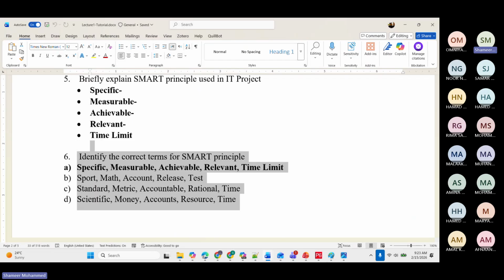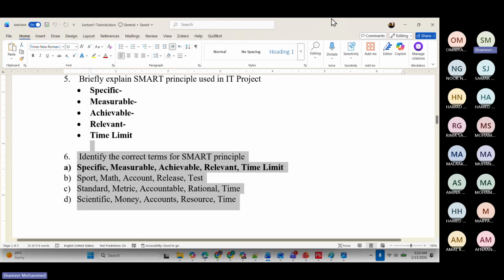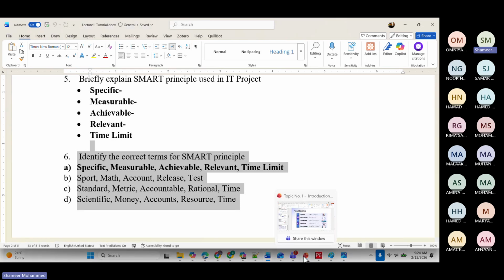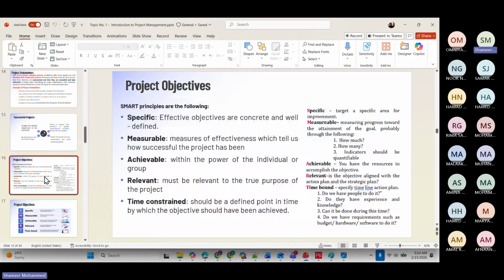Identify correct terms for SMART. SMART yani what? S is what? M means what? A means what? R means what? T means what? That is the thing given here. Understand? So such type of questions I am asking you to prepare from these slides.